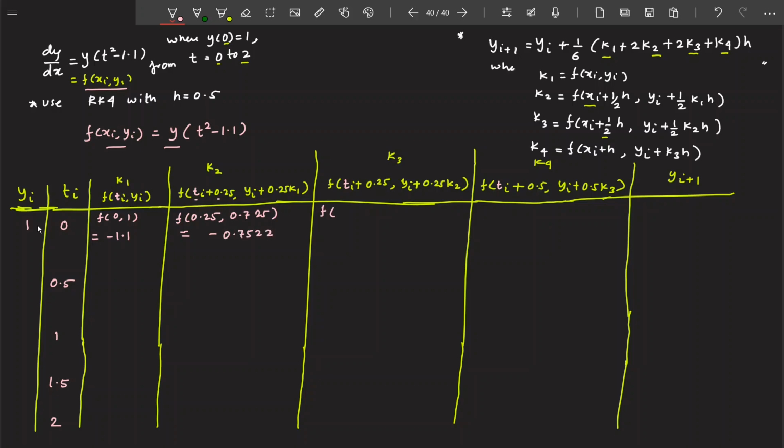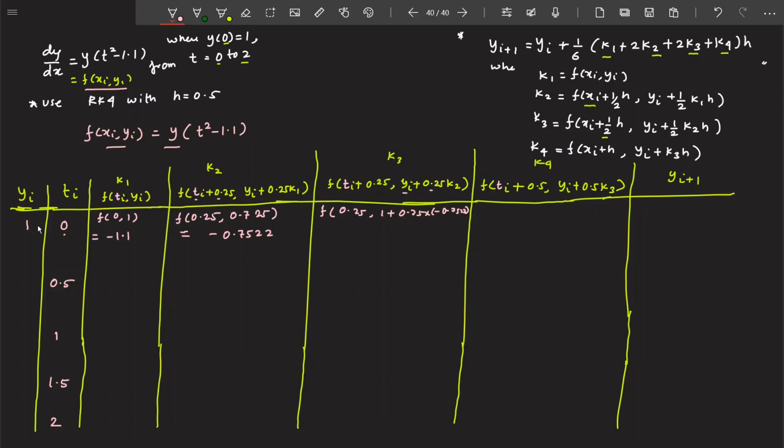Let us move on to the next, k3. So k3 is now ti is 0 plus 0.25, 0.25, and yi plus 0.25 into k2. So yi is 1, 1 plus 0.25 into k2. K2 is what? This, minus 0.7522.